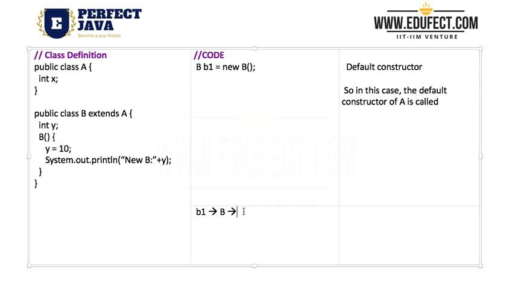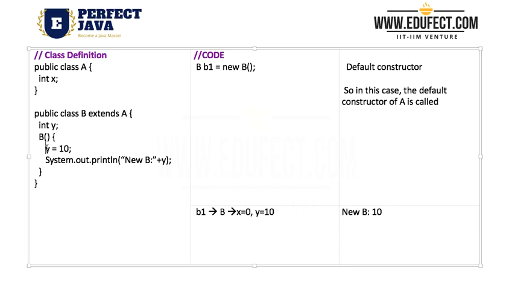What will the default constructor do? It will initialize x to 0. So x gets initialized to 0. It will come here. Then y becomes 10. And then what will get printed on the screen is new B colon 10. So that is what will happen here.